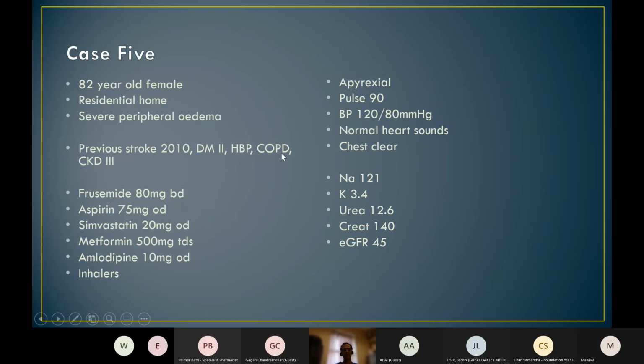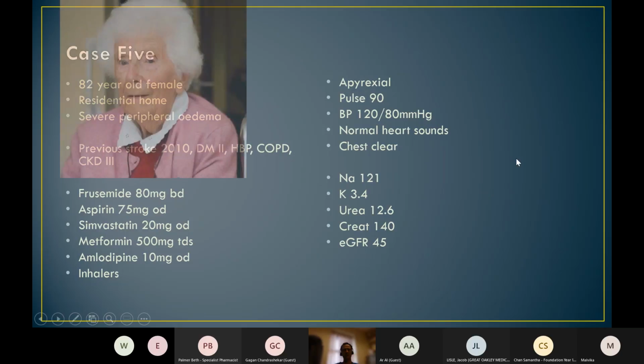She's got high blood pressure and COPD and renal failure. She's on some fairly typical medications for an elderly lady. She's on some furosemide and aspirin, simvastatin, metformin, amlodipine, and she's on some inhalers. She's apyrexial, heart rate of 90, blood pressure 120/80, and you can see her renal function here.